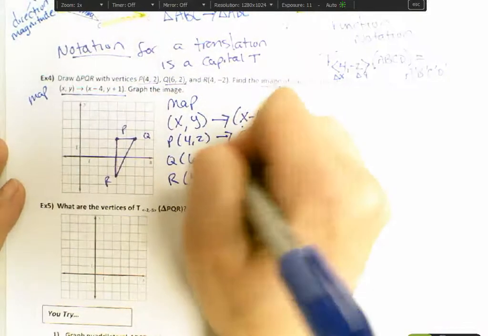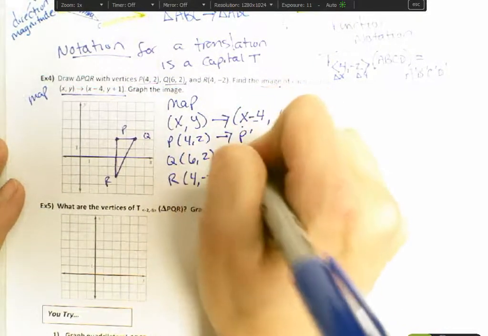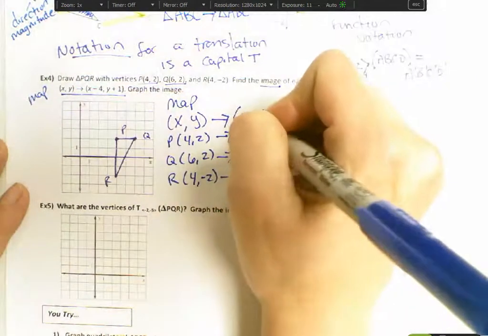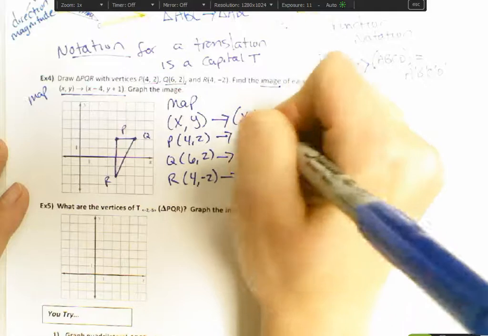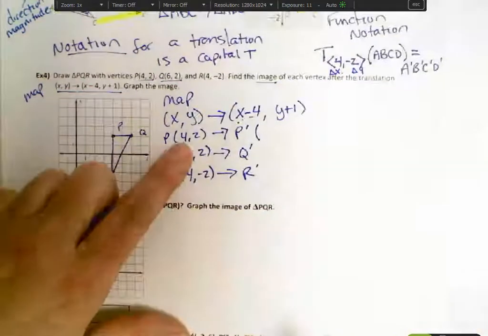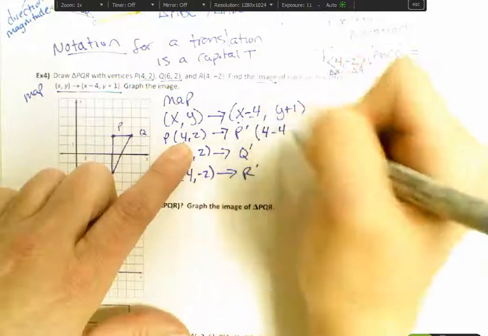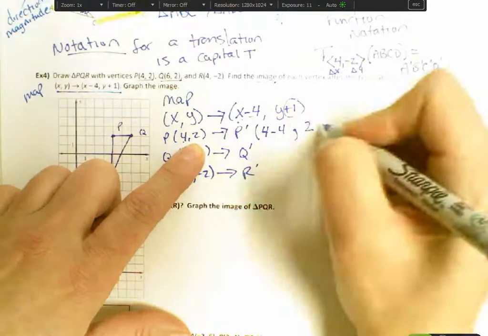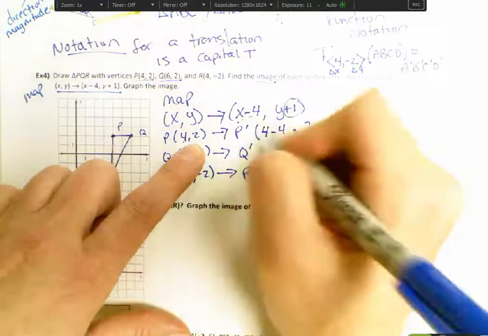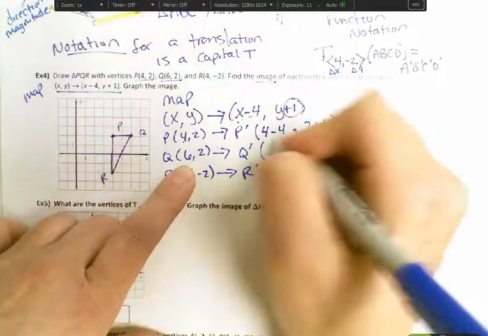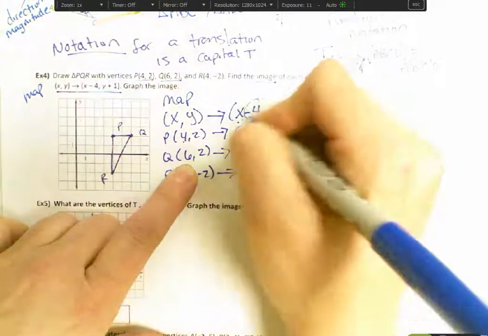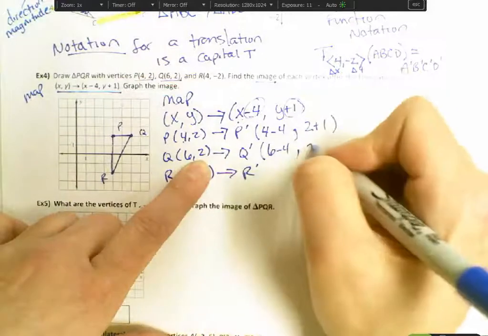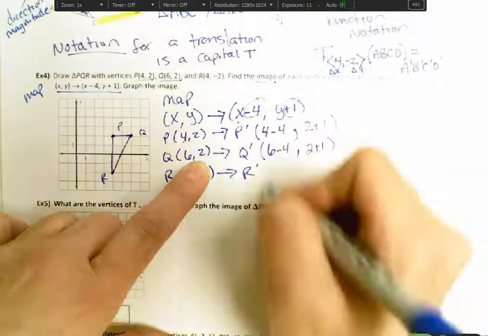So I end up with P prime, Q prime, and R prime. P prime is my original x, 4 -4, comma, my original y, 2 +1. Q prime starts with 6, so my original x -4, comma, my original y is 2, +1.